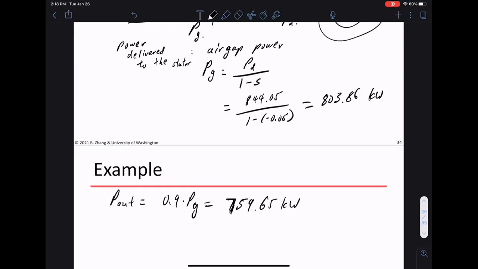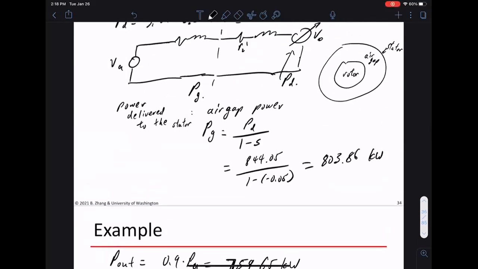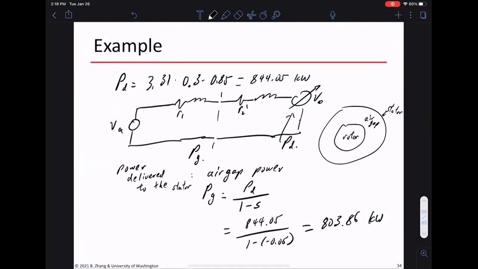Then we can compute the various loss mechanisms we have in here. For example, we have the loss in copper 1. This is the air gap power multiplied out, so you lose this power in R1.